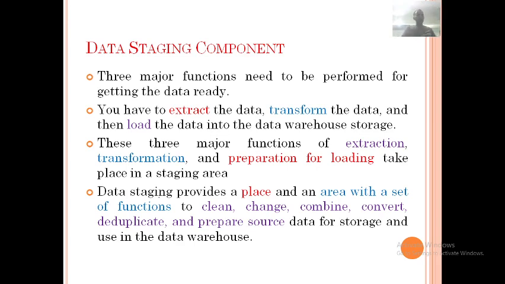Each day the data is collected. If any product is purchased or sold in any branch, that transaction will be stored in its database. That database is called a source database. Got it?